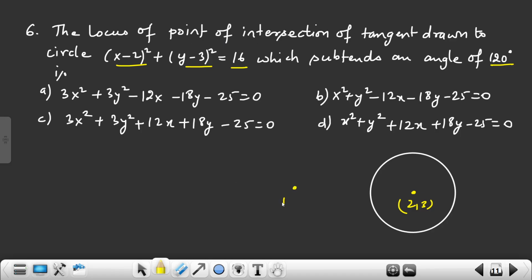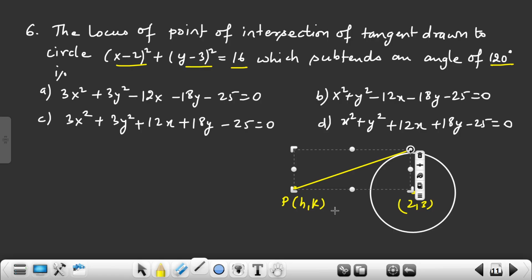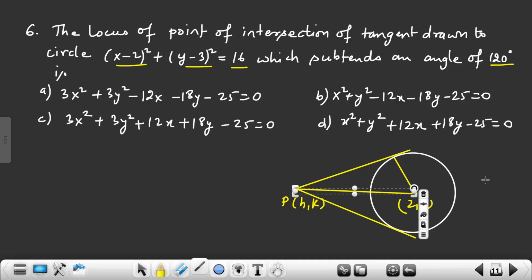Tangents intersecting means the points are outside. So let's suppose these are the points, and we have a pair of tangents like this, right? And you know this value is the radius, and if I join this, this angle will be 90 degrees.